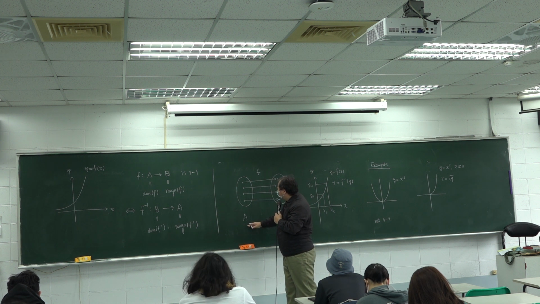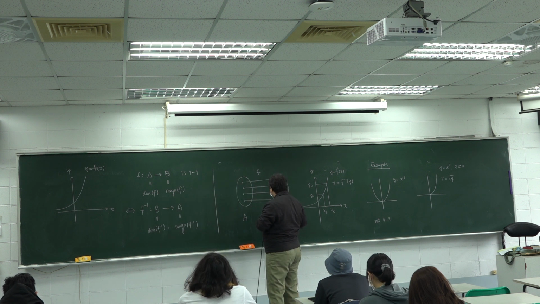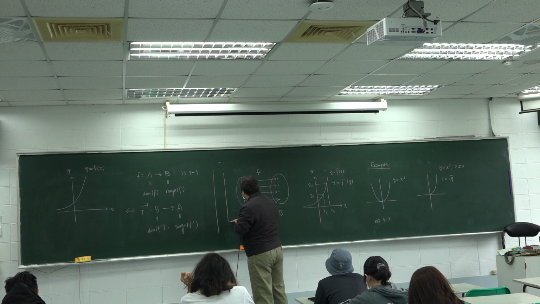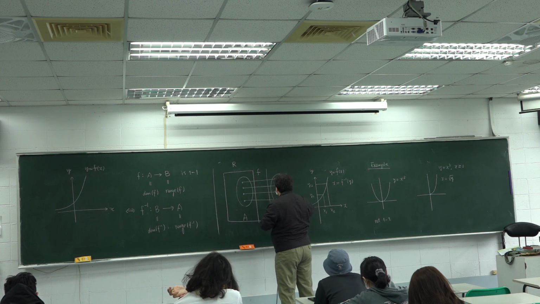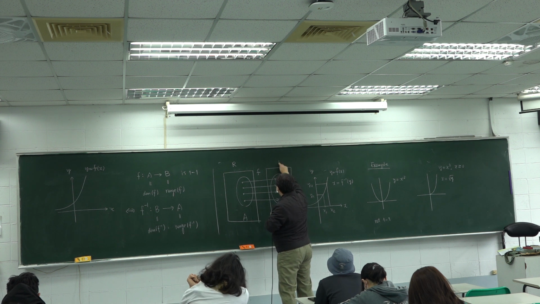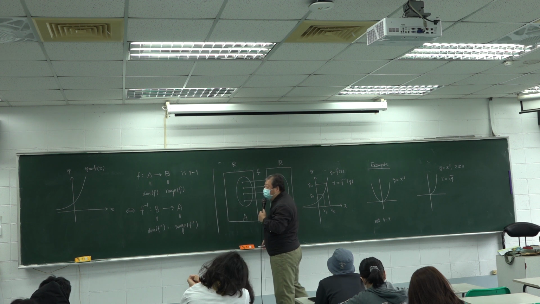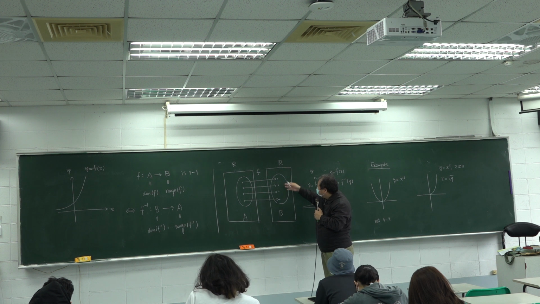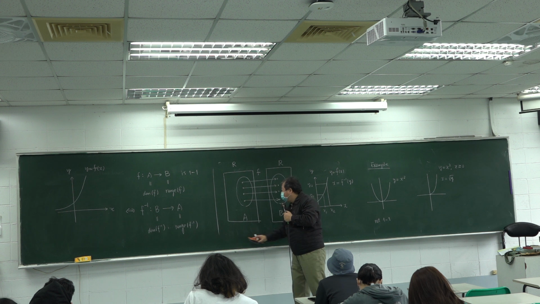So A is the domain of f. B is the range. The domain is a subset of the real number system, and the range of the function is also a subset of the real numbers.